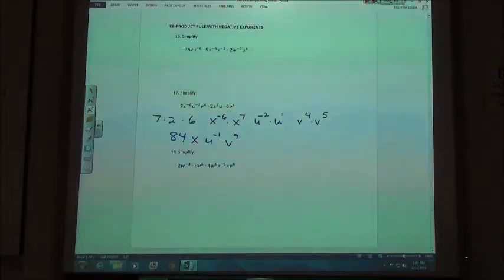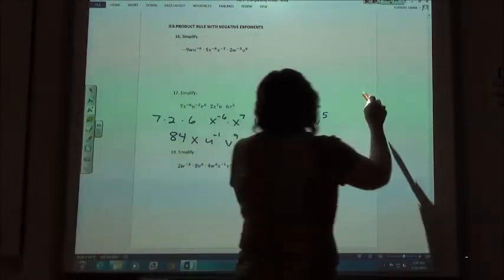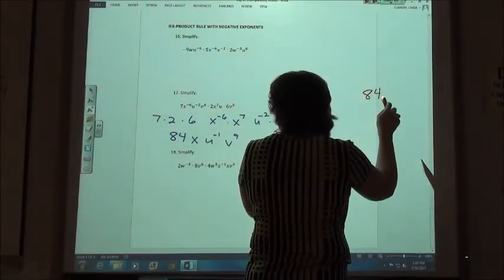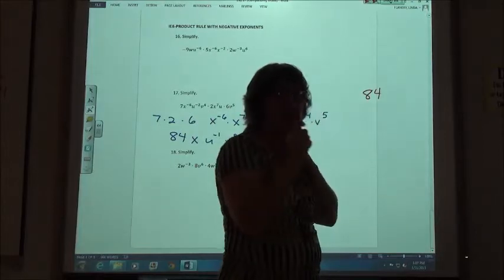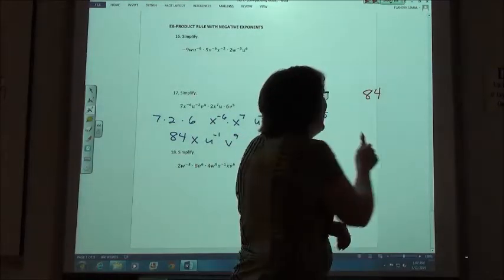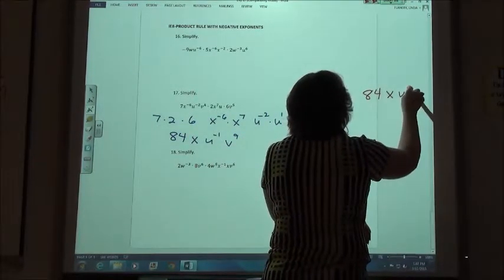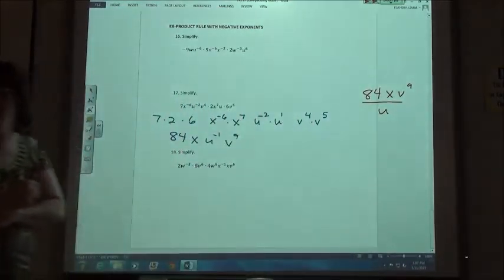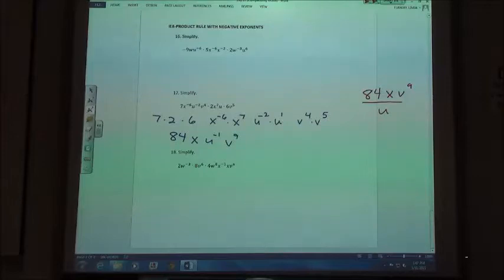Now I want to write my answer with only positive exponents, so I need to get rid of that u to the -1. How should I write my answer? 84x v to the 9th over u to the 1, or just u, because u to the first is just u. Why didn't I move the x and the v to the ninth? Because they're not negative.